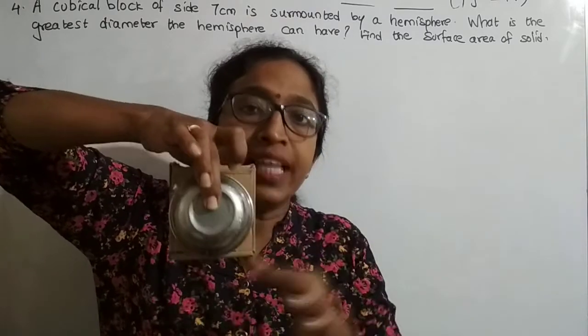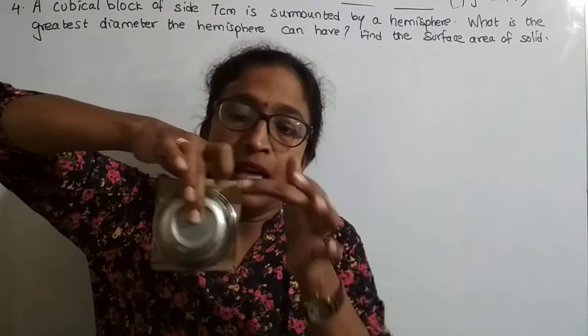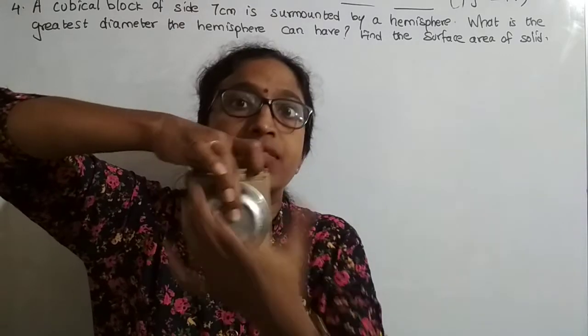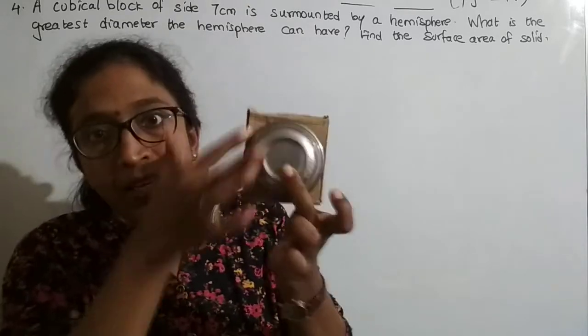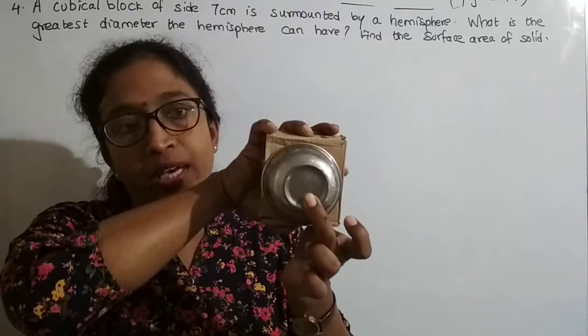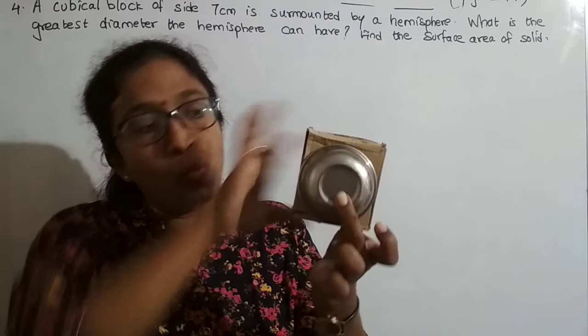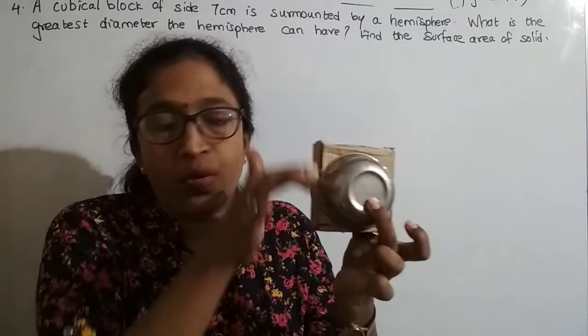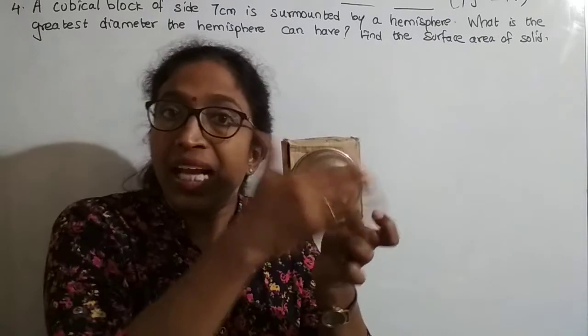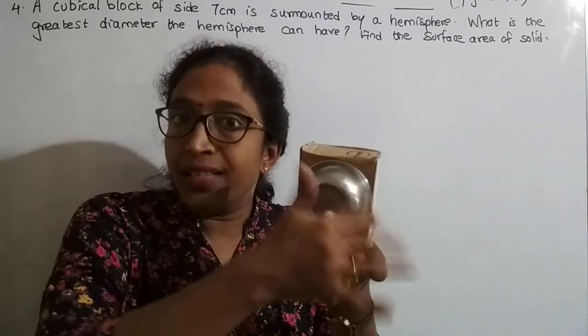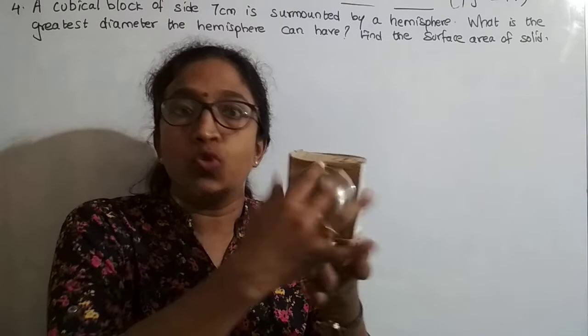These 4 sectors, I need to paint, right? This is a part of that one plane surface area of the cube that I need to paint, right? So I'll take 6a square, that is the total surface area of the cube, minus pi r square, this part which is not painted, but I am painting the hemisphere, that is 2 pi r square.